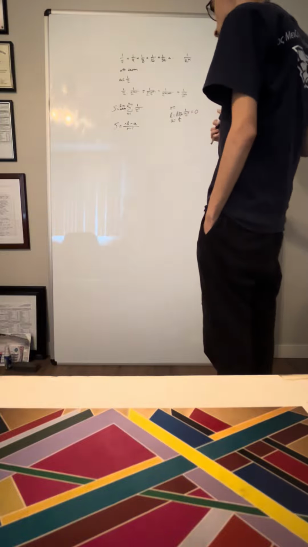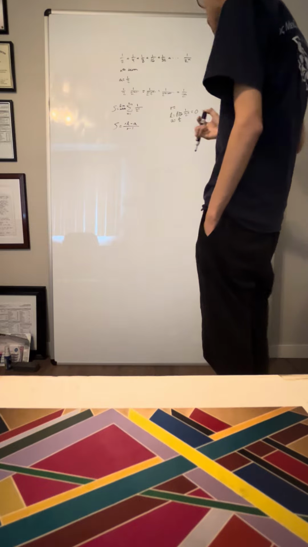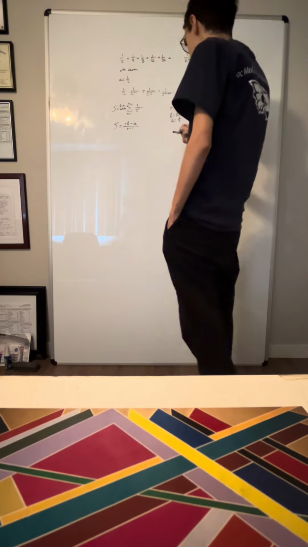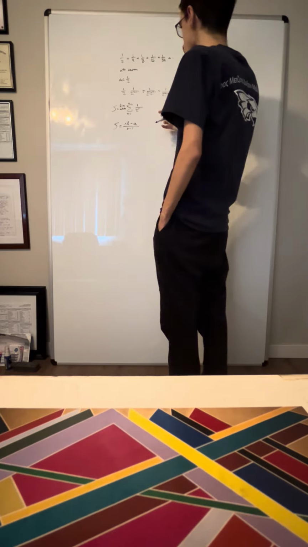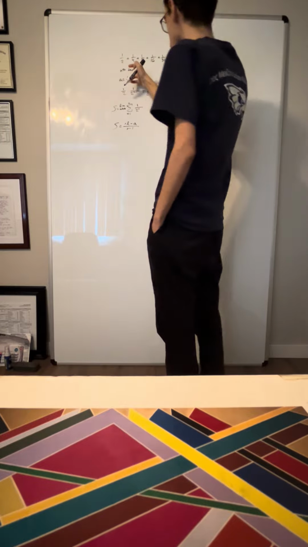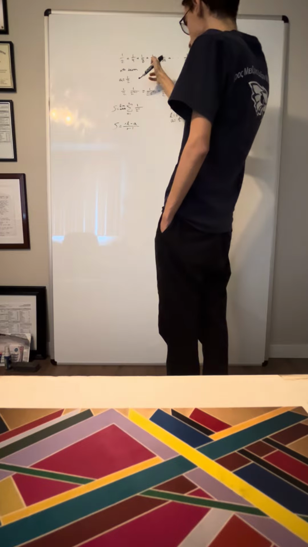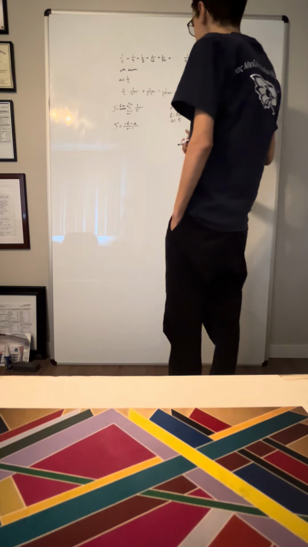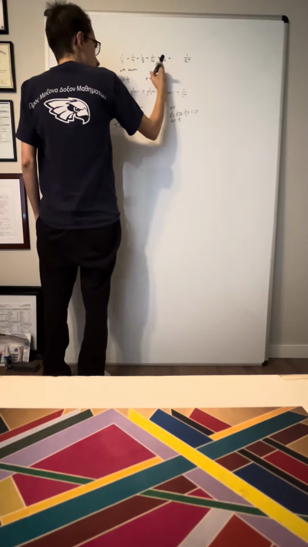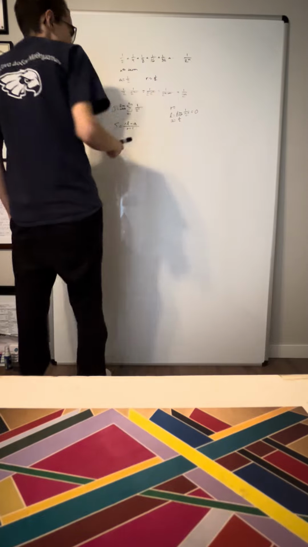Now for the common ratio, notice how each term has to be multiplied by 1/2 in order for us to get the next term. So r equals 1/2 as well.